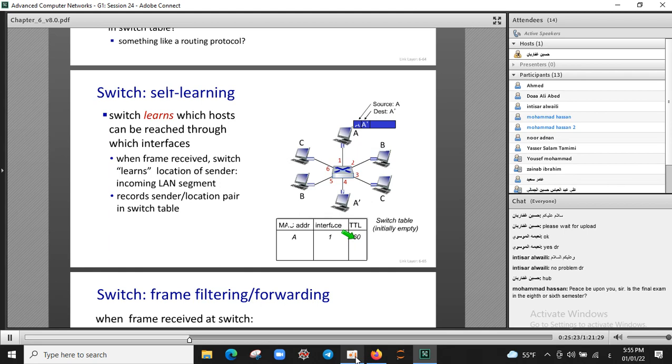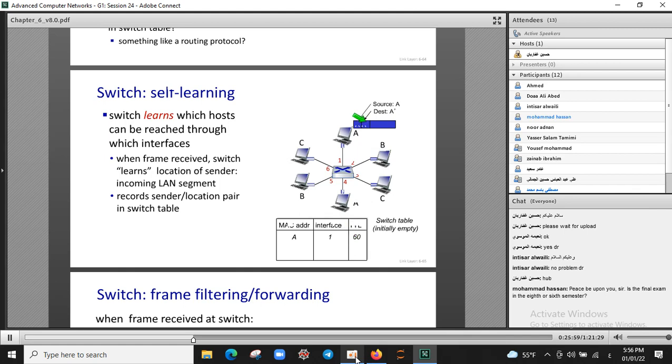So we put a TTL field in the record in the table for this reason. After, for example, 60 seconds, I will erase this record, because of changes in the network. So the switch learns in this way.